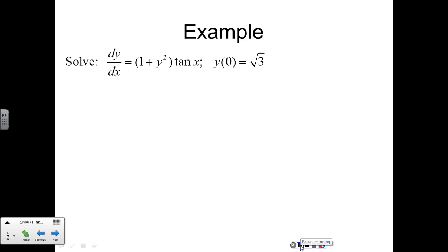All right, so I'm going to multiply dx on both sides. Separate things, I need to get this quantity of 1 plus y squared off of this right side, so 1 plus y squared.